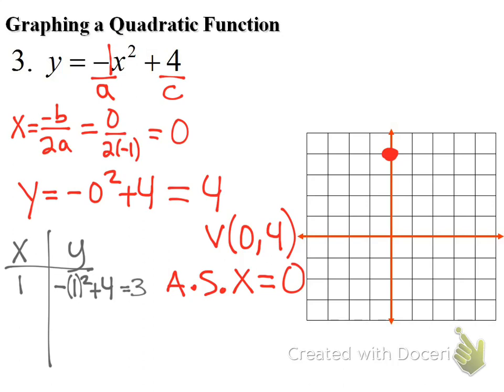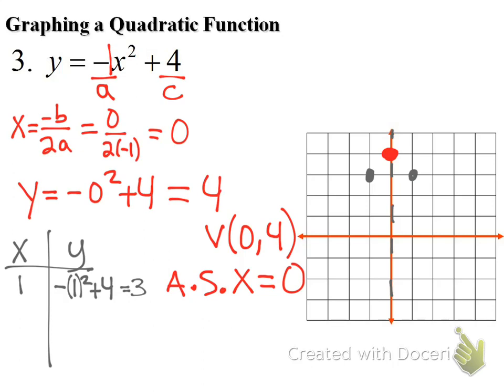Good, so I am going to graph the point 1, 3. Ooh, I forgot to draw my axis of symmetry. Good, I also have the point -1, positive 3. Now, is that enough to really know the shape of this graph? Not really.